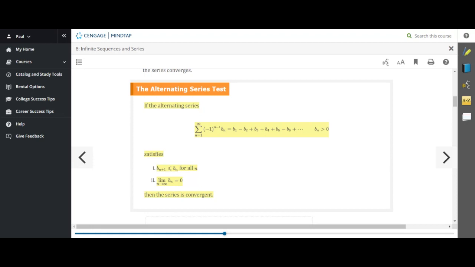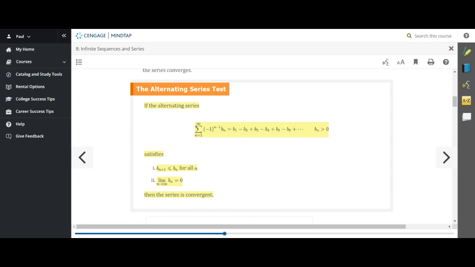But if your series is alternating from positive to negative, essentially what happens is the negative terms deduct from the positive terms, and so it gives the alternating series a better chance of converging. That's essentially what that means.